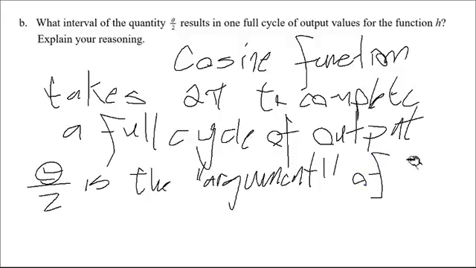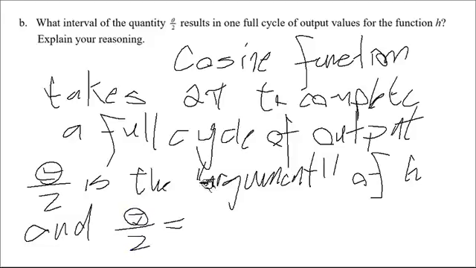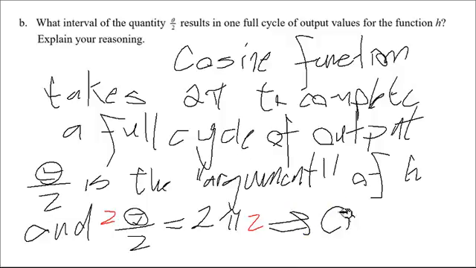If we set our argument theta over 2 equal to our period 2 pi, and then multiply both sides of this by 2, we get theta is equal to, the interval for the completion of one full cycle is 4 pi.